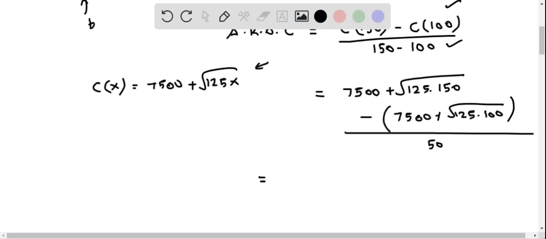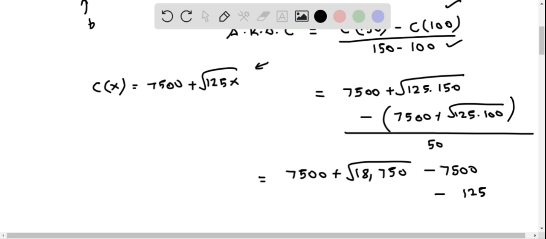So this equals 7500 plus, we can plug this into the calculator, and when we do that we get 18,750. I'm now going to distribute the minus into the terms inside the brackets. So this becomes negative 7500 minus 125 times the square root of 100, which is 12,500, divided by 50.